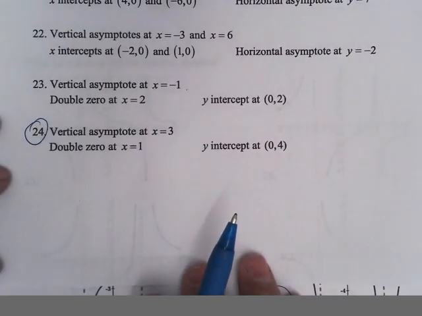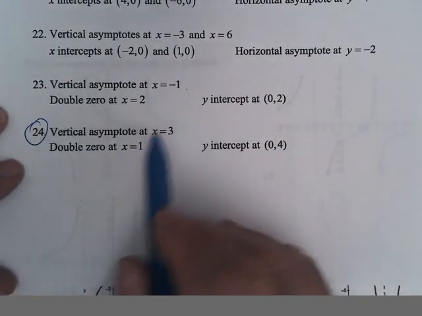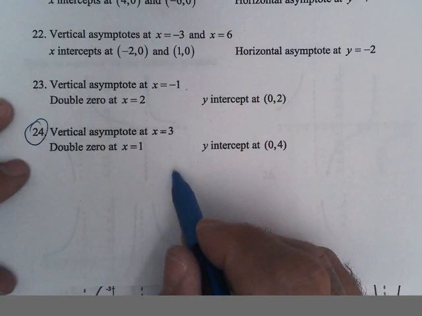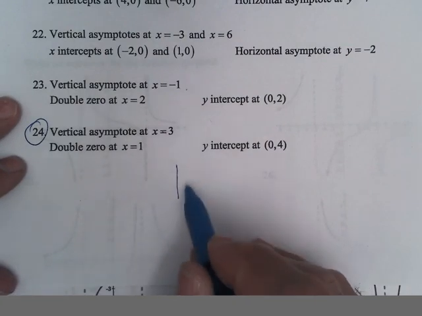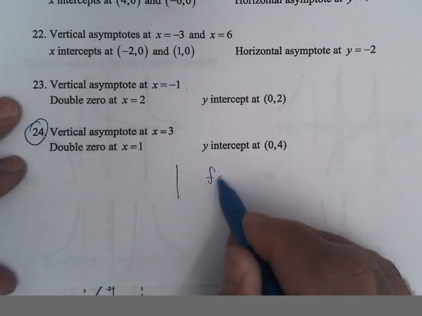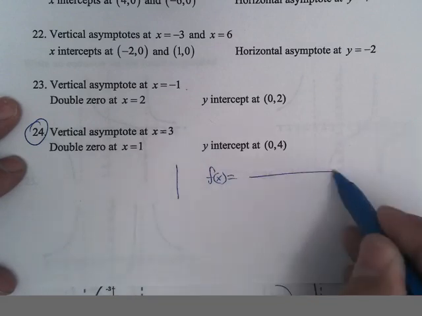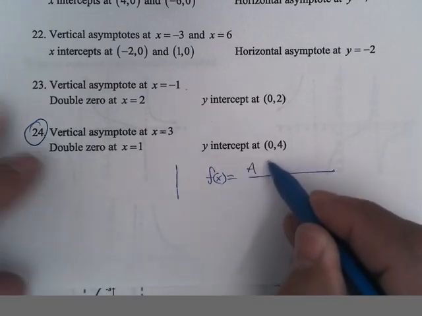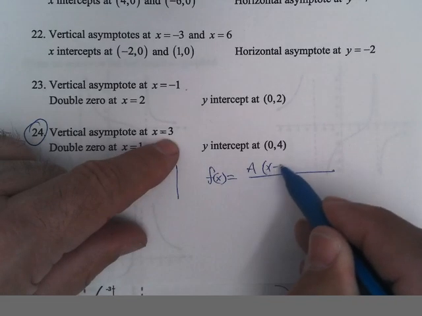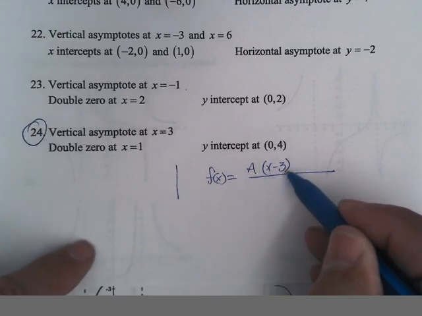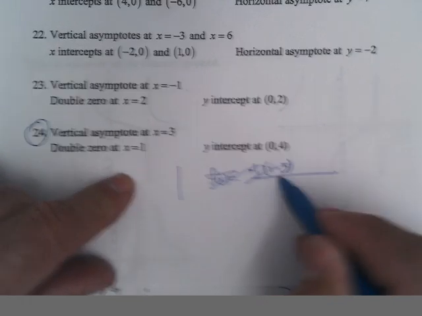Okay, let's do 24. It says it has a vertical asymptote at 3. So f of x would equal some a and then x minus 3. I'm messing this one up.